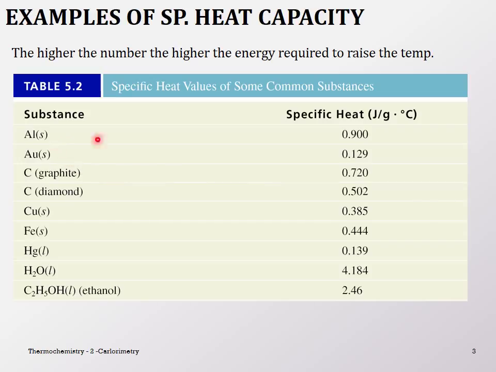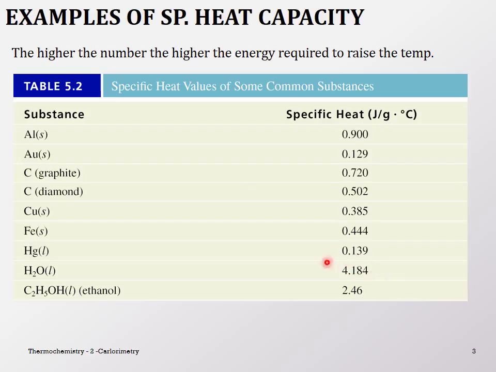Aluminum, for example, has a specific heat of 0.900 joules per gram per degree Celsius, which means it takes 0.9 joules to raise the temperature of 1 gram of aluminum by 1 degree Celsius. Ethanol takes 2.46 joules, and water takes 4.184 joules to raise the temperature of 1 gram by 1 degree Celsius.